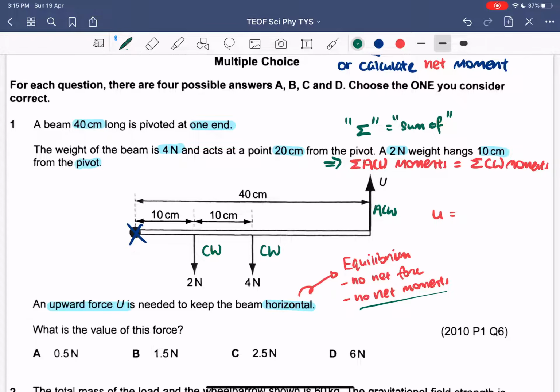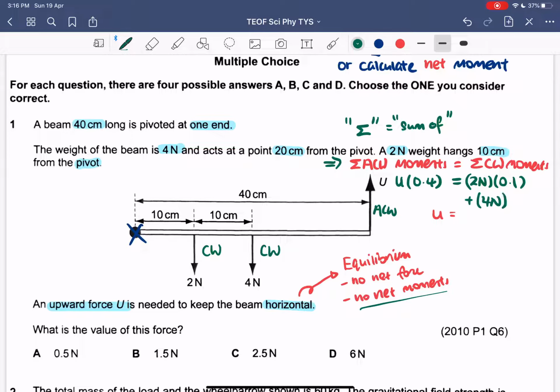Okay, so now we can start on our working. So U is anti-clockwise, so I write it below the anti-clockwise moments. Multiply by 40 cm, which is 0.4 meters, will be equal to the sum of clockwise moments, which is 2 newtons multiplied by 0.1 meters, plus 4 newtons.